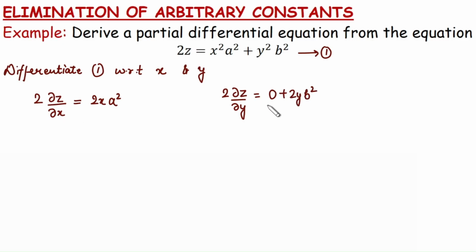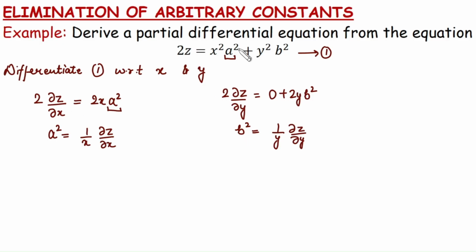Now think, can we find the values of the constants from here? As it contains a square, we can directly fetch the value of a square. So what is the value of a square? That is 1 upon x times the partial derivative of z with respect to x. And from here we can fetch the value of b square, that is equal to 1 upon y times the partial derivative of z with respect to y, where the 2 gets cancelled with the 2.